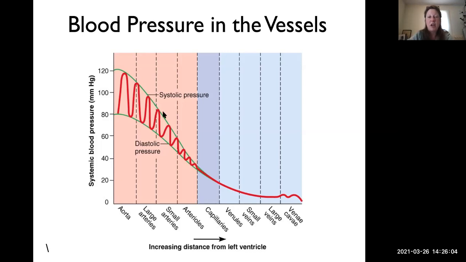If we looked at the pressure in the veins, that wouldn't give us any information about our ability to serve the organs of the body. It would just tell us how much blood had already passed through.